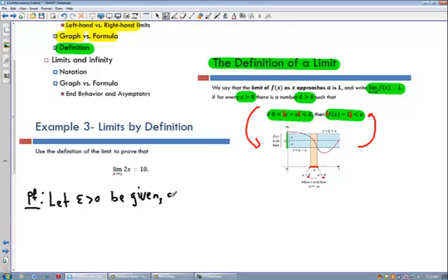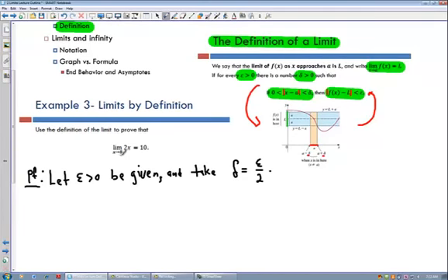And then take delta to equal... now you get to pick what delta is going to be, and you have to pick it to be a certain quantity, dependent usually on epsilon. So I'm going to choose it to be epsilon over 2, and you'll see why in a minute. So take delta to equal epsilon over 2.